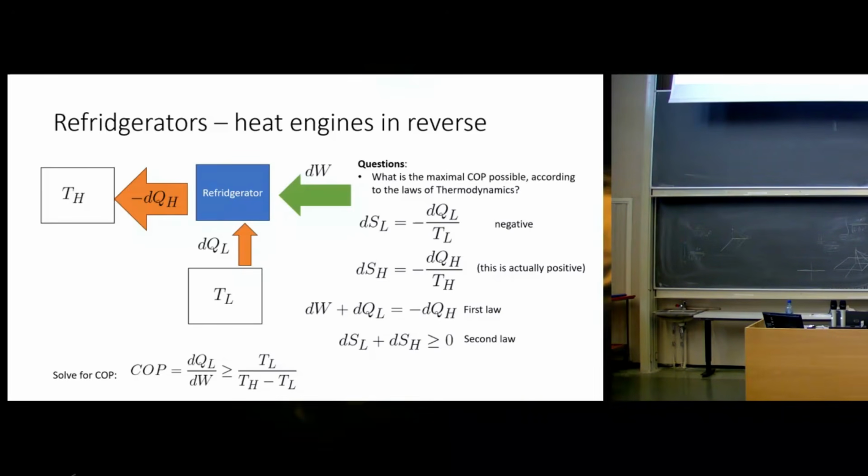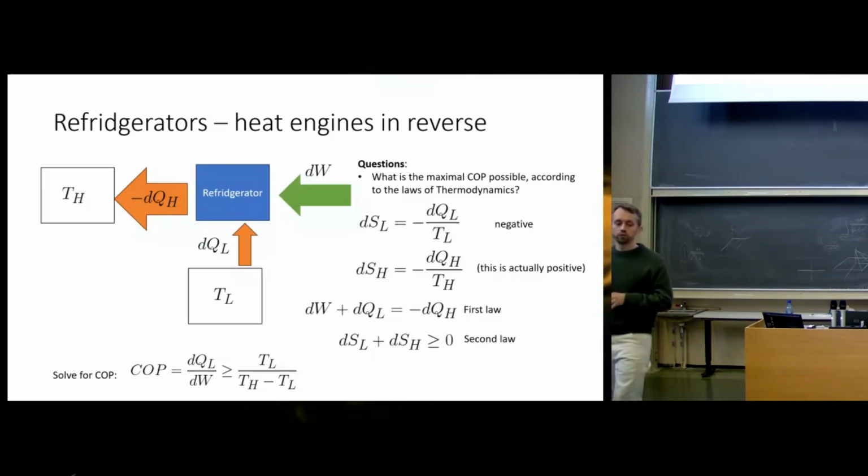So you start by saying that the entropy change in the low temperature reservoir is equal to this. The entropy of the fridge is decreasing. And then the entropy in the hot reservoir is going to be minus dQ over T_H, which is positive because your dQ is negative here.